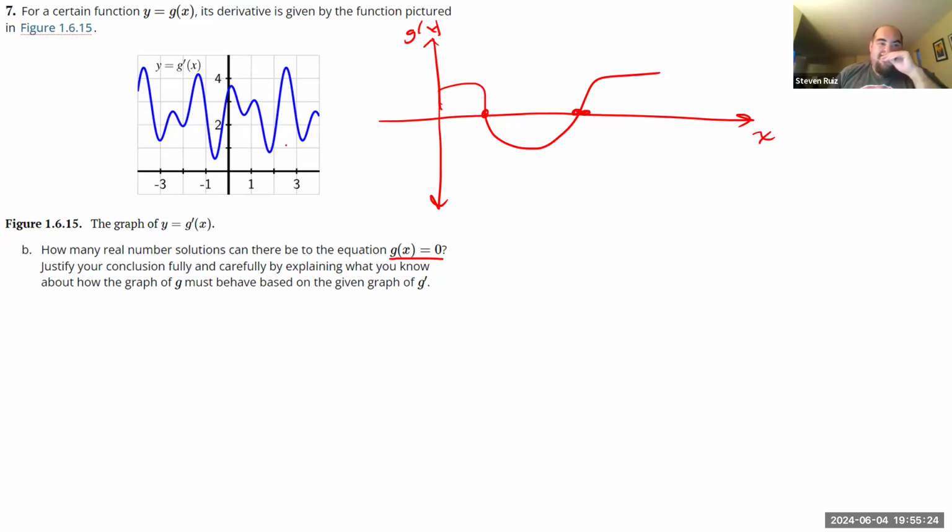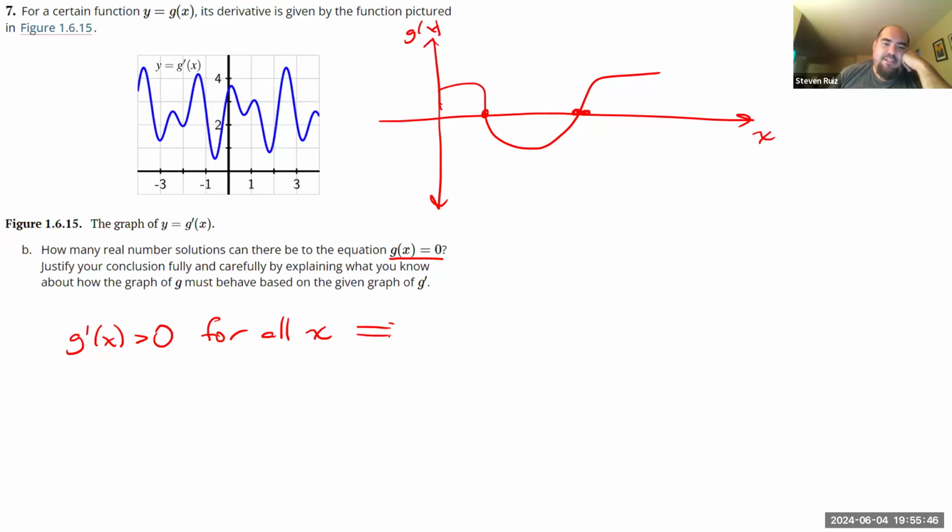Okay, so again, knowing that this is a graph of g prime, notice that g prime is always positive. So what does that mean? So g prime of x is positive for all x, at least all the x that we can see. What does that mean?